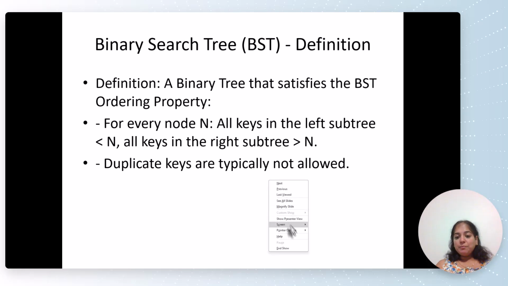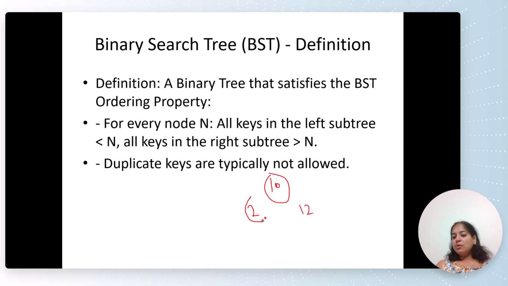For example, if I do 10, here is 2, here is 12. So 10 is the parent, 2 is the left child, 12 is the right child. The value of 2 is less than the parent node, and the value of the parent node is less than the value of the right node, which is 12.